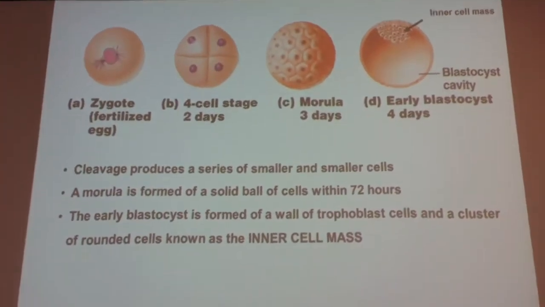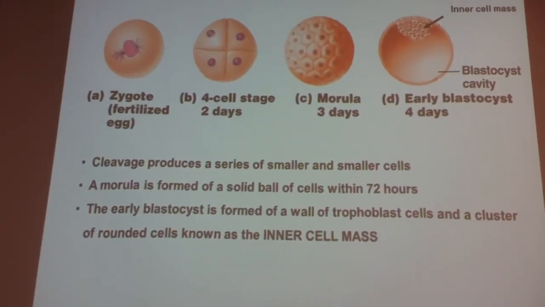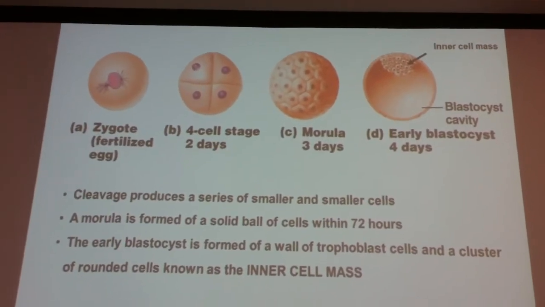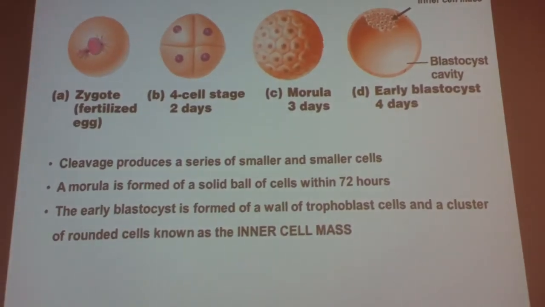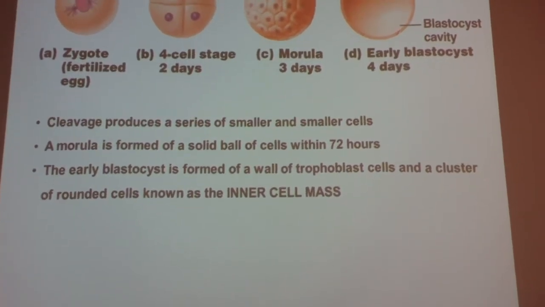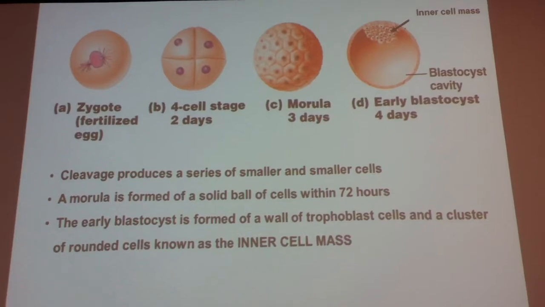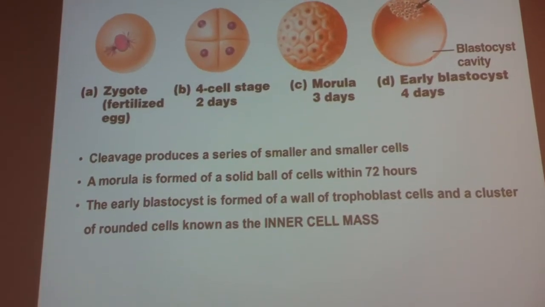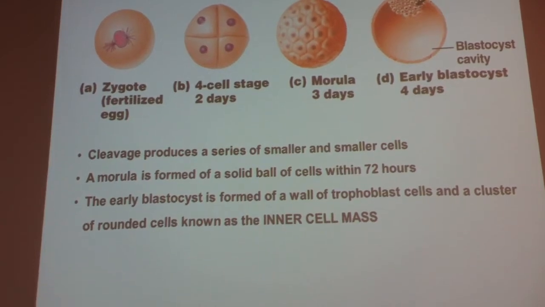The zona pellucida is not going to get any bigger. Instead, as we go from 2 cell to 4 cell to 6, 8, 16, 32, each cell gets smaller and smaller. However, its genetic information is going to be the same as that original zygote, because all of these are just daughter cells of that original zygote.